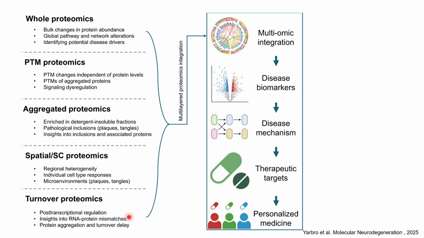So briefly, you do the proteomics, you find out the disease biomarker, and by mapping the proteins to the pathway, you find out the mechanism, and then you can target. And also, the first problem we discussed is the heterogeneity.